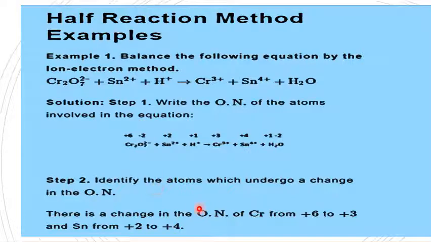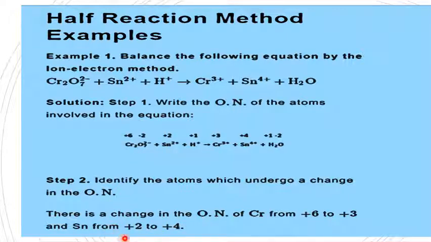Okay, now what will you do next? Identify the atoms which undergo a change in oxidation number. See, there is a change in the oxidation number of chromium. क्या change है? From plus 6 to plus 3, and Sn is plus 2 to plus 4.